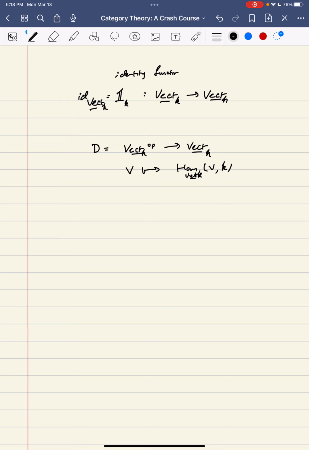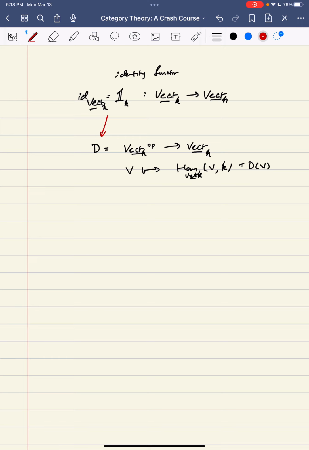The set of k-valued functions on V. Call that D of V. And so we see right now that I don't have any natural transformations between these two functors, because they're defined on different categories.